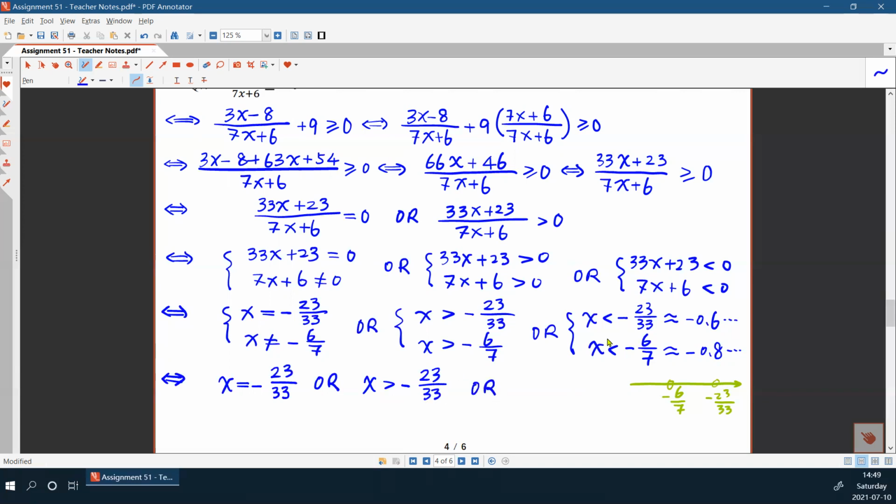Third branch is x must be smaller than both those two numbers. So x, the overlapped area is x must be smaller than the smaller number. Okay, so the final result, by combining all the three branches, final result is x is either greater than or equal to minus 23 over 33, or x is less than minus 6 over 7.